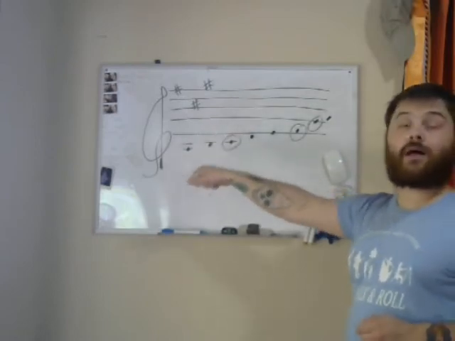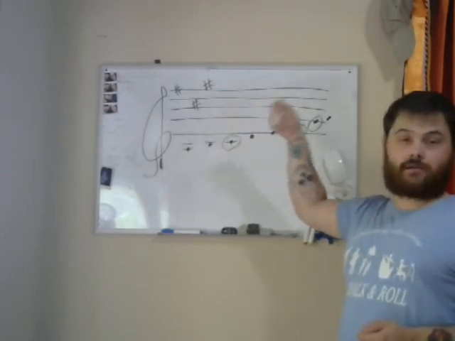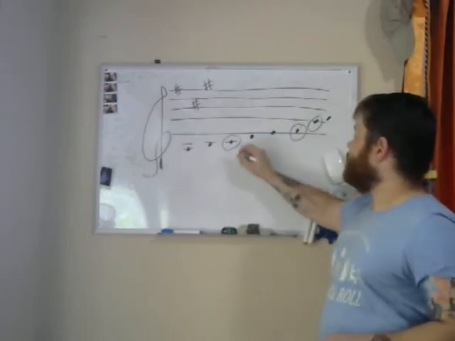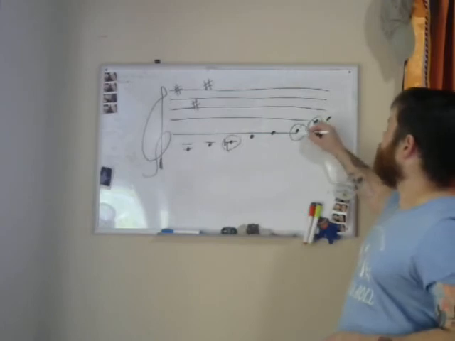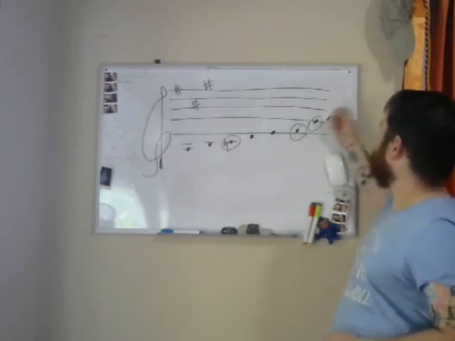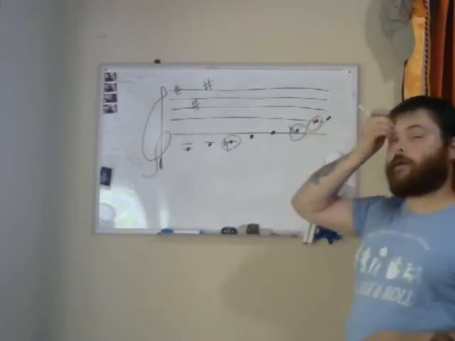So it's going to be implied throughout the entire piece that those notes will always be sharp unless noted otherwise. Unless it has, for example, a C natural. Or an F, that's not a good example. We'll just say it for an example's sake, F flat, right?